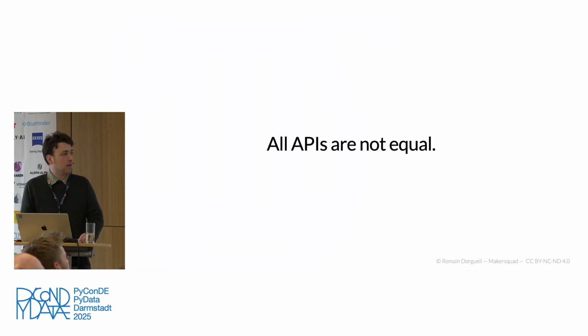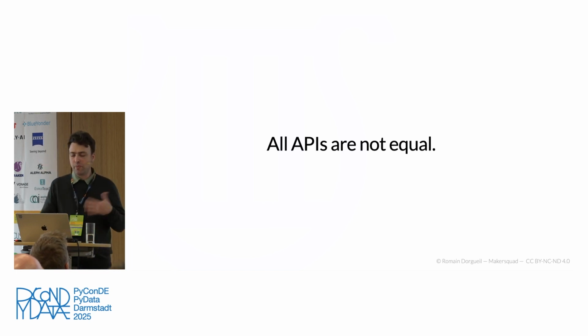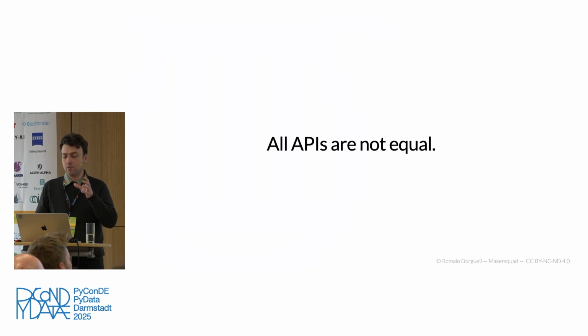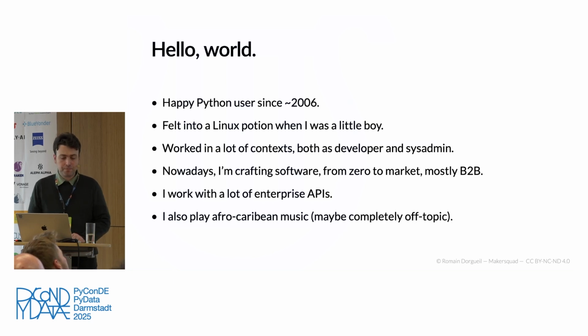But in fact, when we're using internal systems of client companies, APIs were most often thought of after the product, added on top of it by people who are maybe business experts, but neither web nor API experts. So we can have some issues.